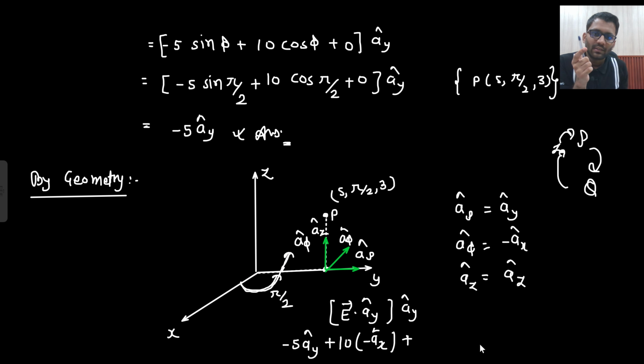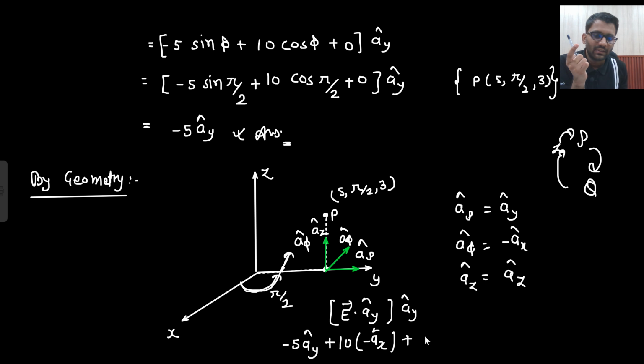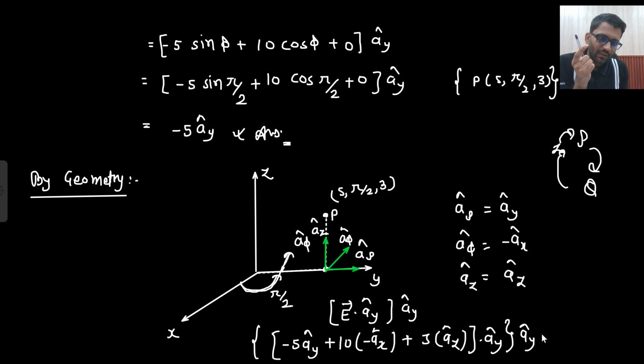Plus, then what about Z component? Z was 3 AZ cap, plus 3 AZ cap and dot product with AY cap, and that will be in the direction of AY.